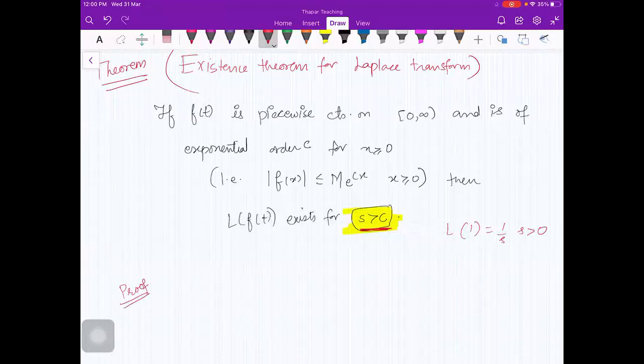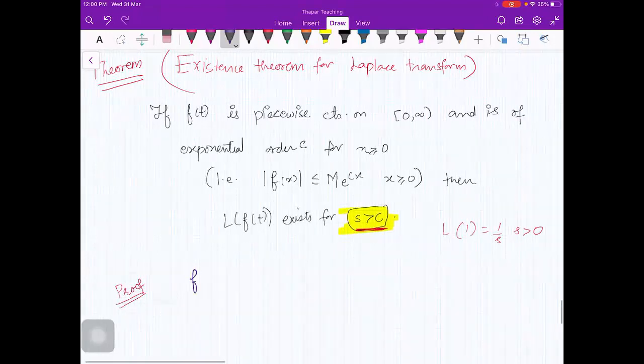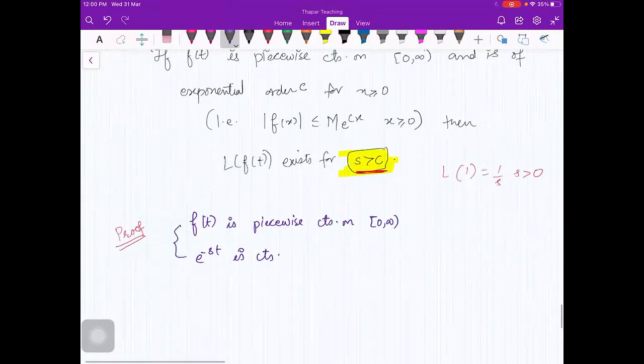So we have here f of t is piecewise continuous on 0 to infinity, and e^(-st) is a continuous function, है ना? If I multiply these two functions, e^(-st) f(t) is piecewise continuous.